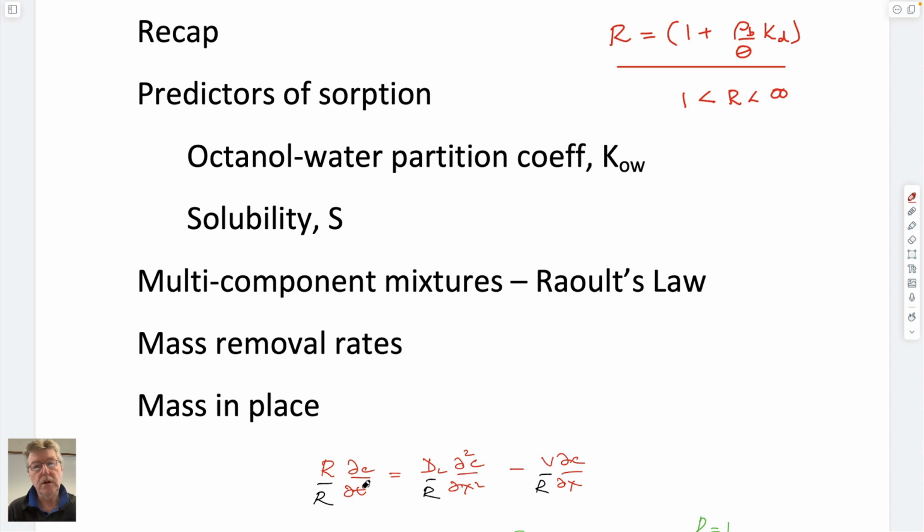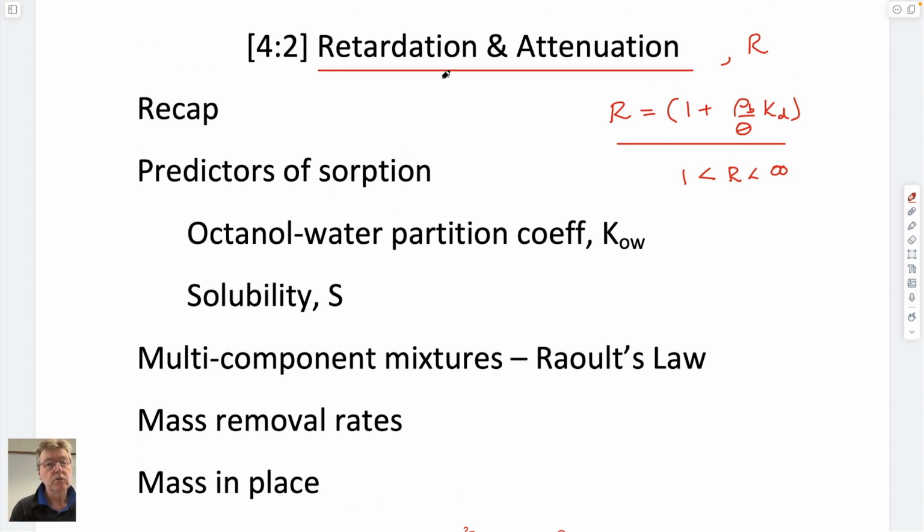This accounts for these two processes: retardation, moving slower through the aquifer than it would if it wasn't sorbing, and attenuation, being sorbed onto the aquifer, so it's actually in less concentration in the waterborne phase, which is of course the part that you sample if you're taking drinking water out.